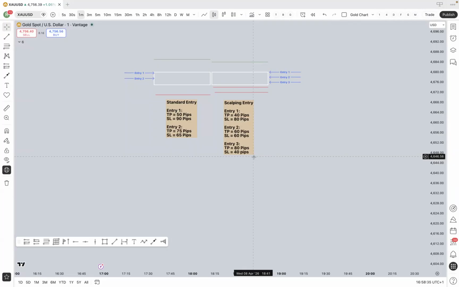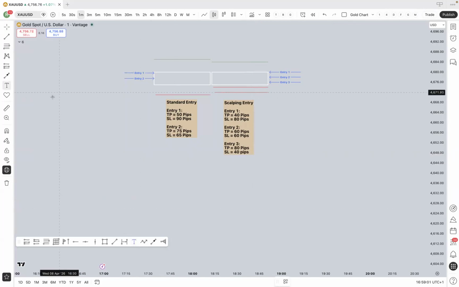This is just for ease of maths and to give you an example. Obviously, your account size will determine what lot size you use and therefore how much you are actually risking per trade. We're just going to use £1 per pip as an example for ease of maths and to make it hopefully more understandable for you guys. And then you can take that into your own personal accounts and how this will look for you.